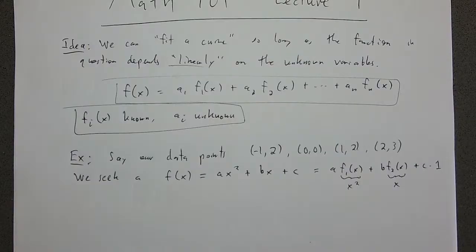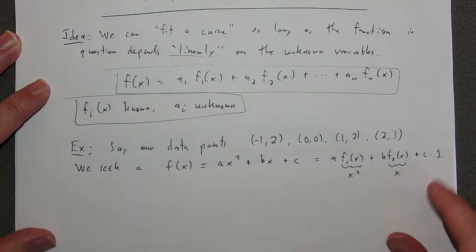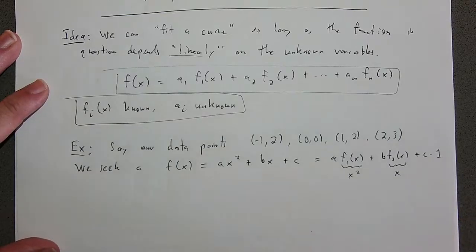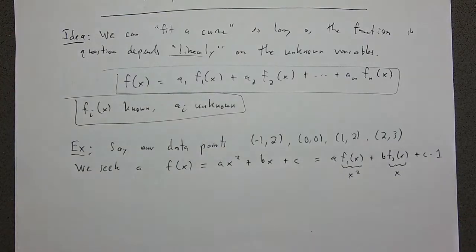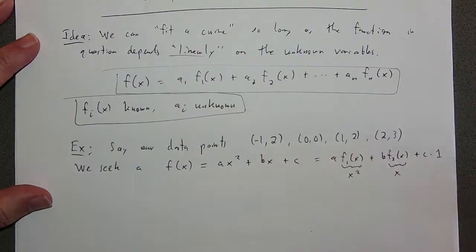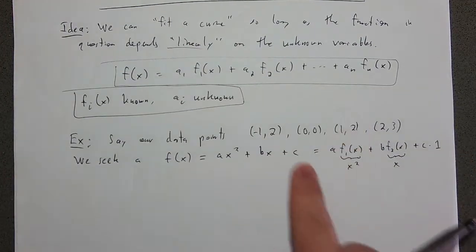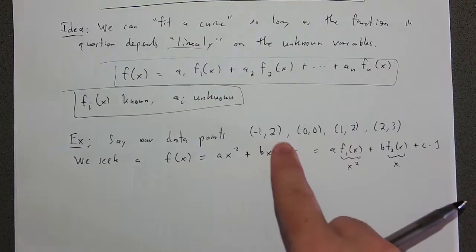So, what now? Well, let's do the same thing that we did for a line when we had this situation, right? So this is what we seek. So ideally, we would find a parabola such that all of these points lie on it, right?